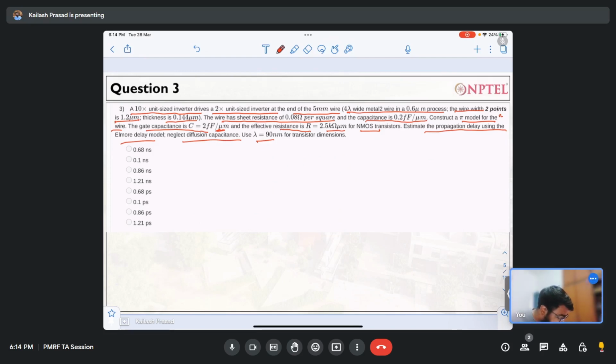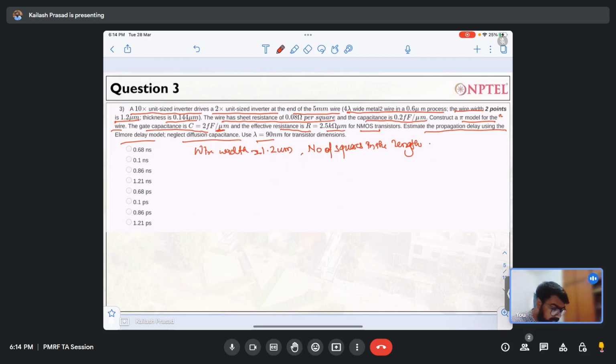The very first thing you have to write down is the wire width. The wire width is 1.2 micrometer. If you have the width, you can calculate the number of squares in the length.